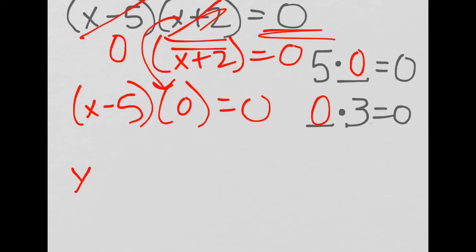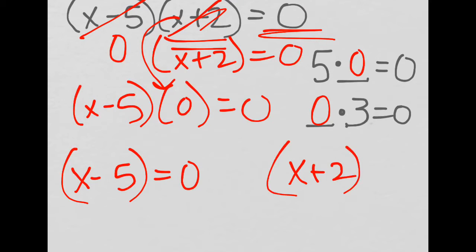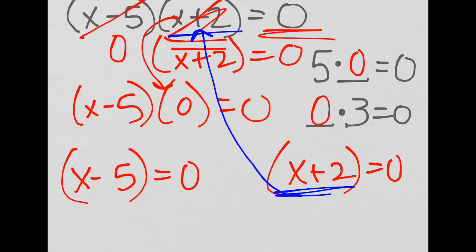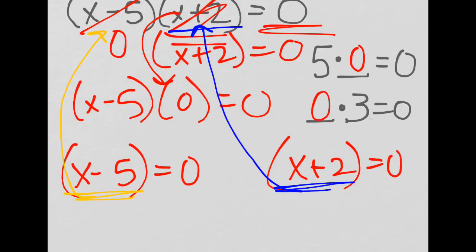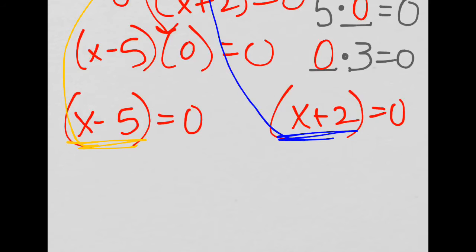All right, so if I set both of these equal, you're going to take one of your parentheses and set it equal to 0, and then you're going to take the other one and set it equal to 0. Okay, so I'm just getting this straight from up here, and I'm getting this one straight from up here from my factored form. And then we'll check it. All right, so x minus 5 equals 0, and I'm going to solve for x.